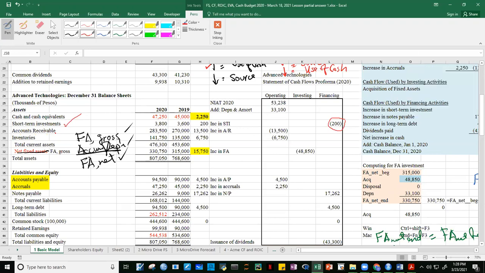Operating, guys? Accounts receivable. Yes, it's operating. Correct, this is included. This one is not, the short-term investment. These inventories, guys, is this operating? Yes or no?